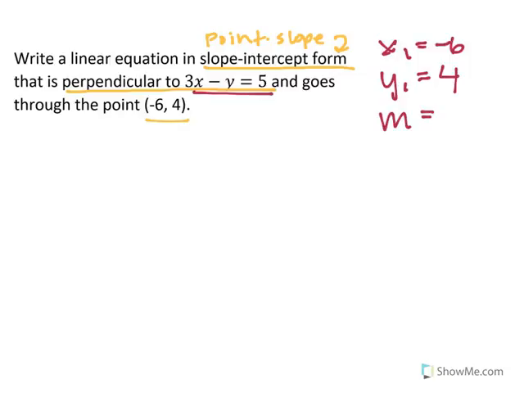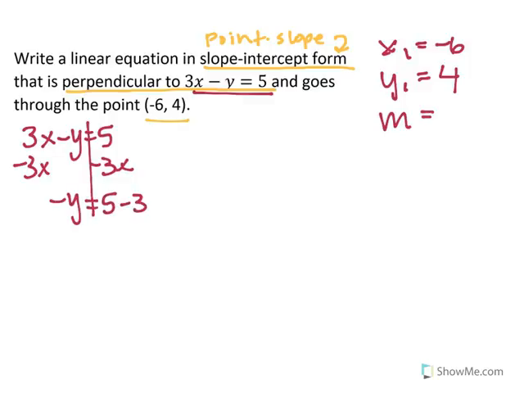First, we need to change this equation from standard form into slope-intercept form. So to do that, I'm just going to go ahead and subtract 3x from both sides. And again, divide everything by negative 1. When we do that, we end up with y equals negative 5 plus 3x.